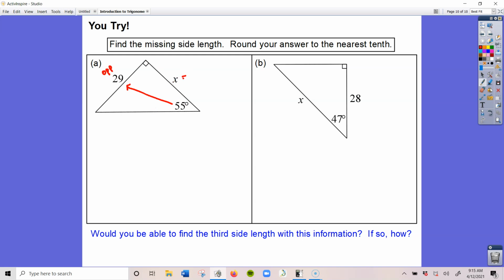So that means that x here is adjacent. Again, the trig function that uses opposite and adjacent is tangent. So I would set up first my tangent equation. The tangent of 55 is going to equal my opposite, which is 29, over the adjacent, which is x.